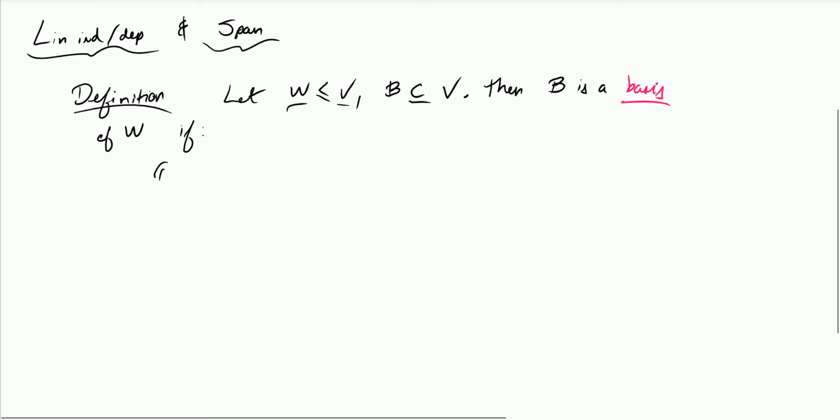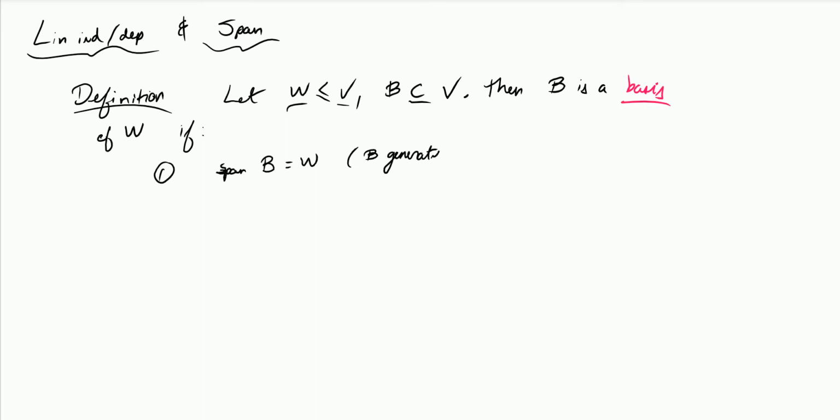So first of all, span of B needs to equal W. In other words, B generates all the vectors in W, or just B generates W. Second of all, B must be linearly independent. So if these two conditions are met, then we have what we call a basis.